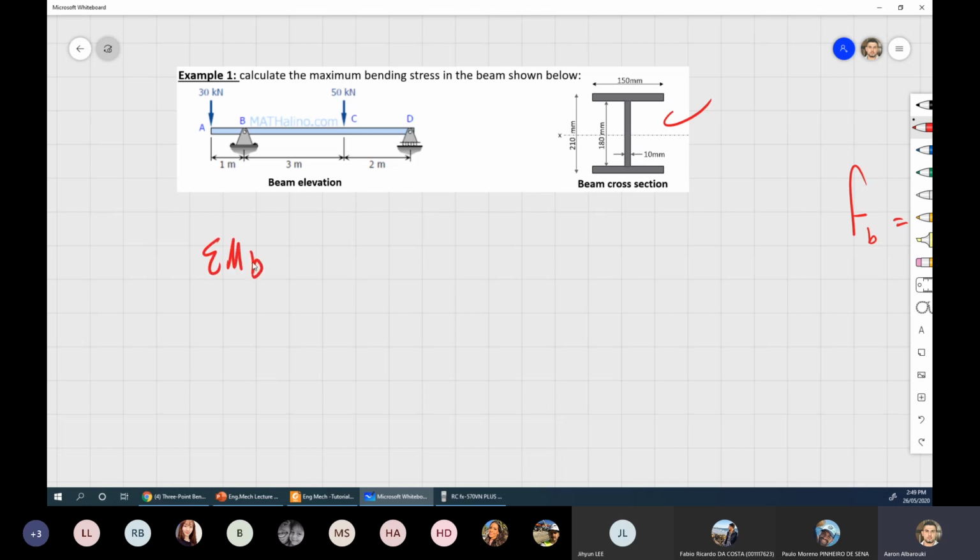So I'll start with the solution along with you guys. Sigma MD equals 0.